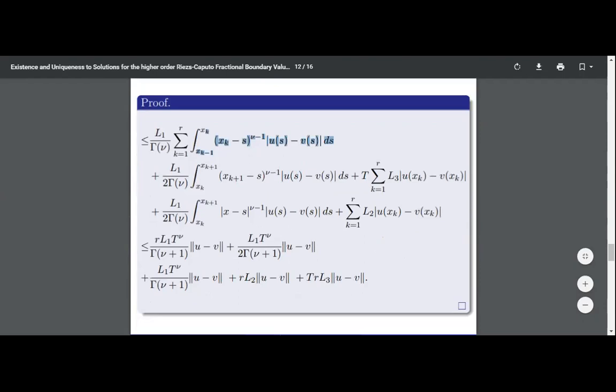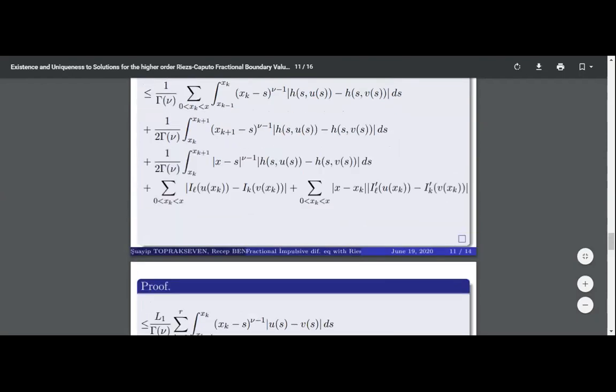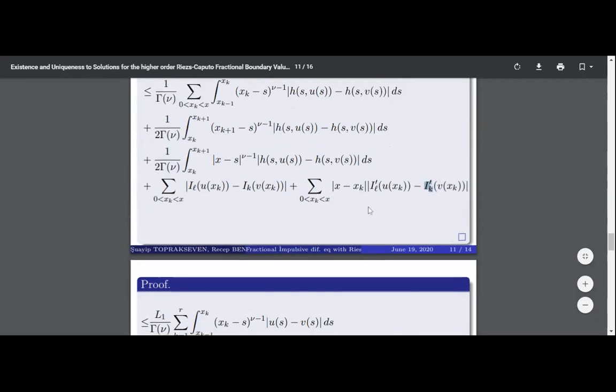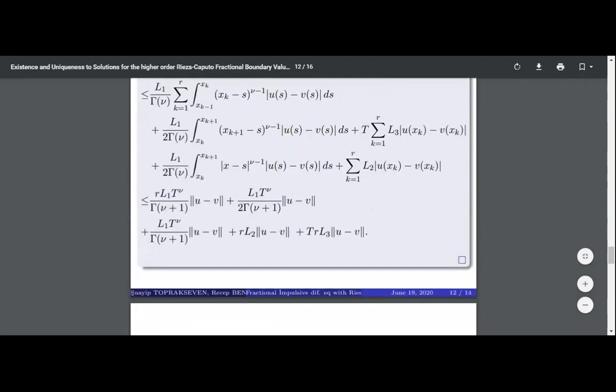Then again, I_k and I_k plus prime are also Lipschitz, with Lipschitz constants L2 and L3. So taking the supremum norm on each side gives this.